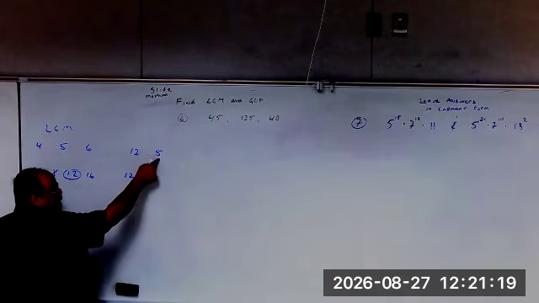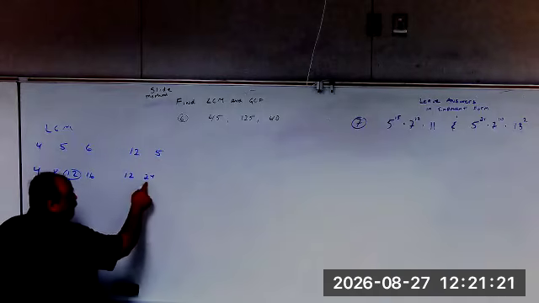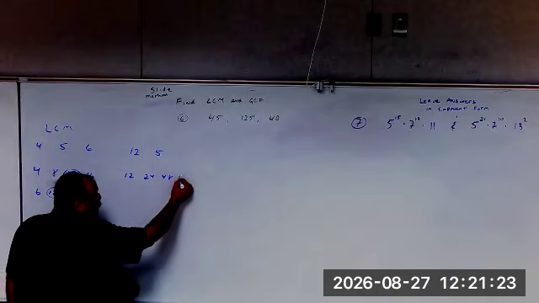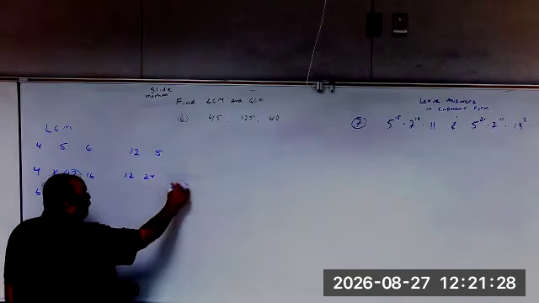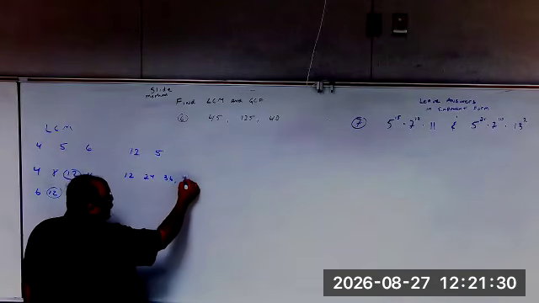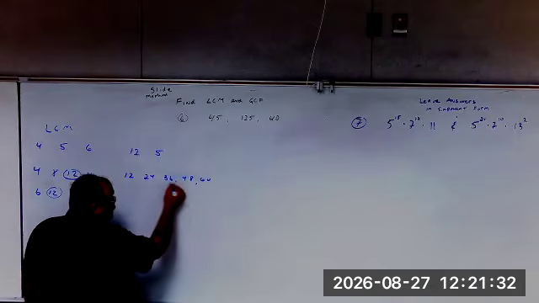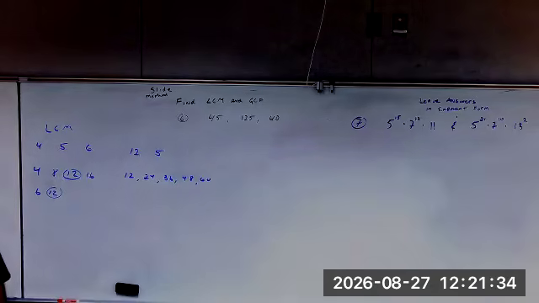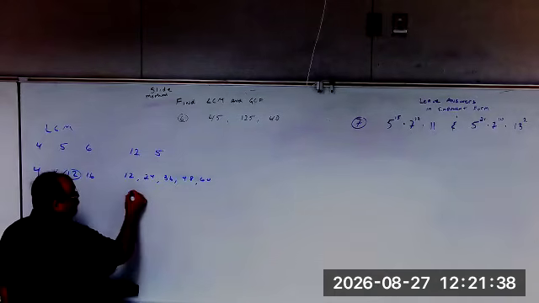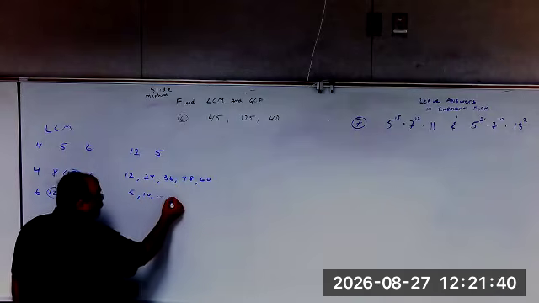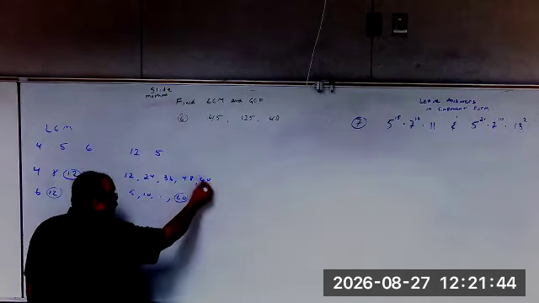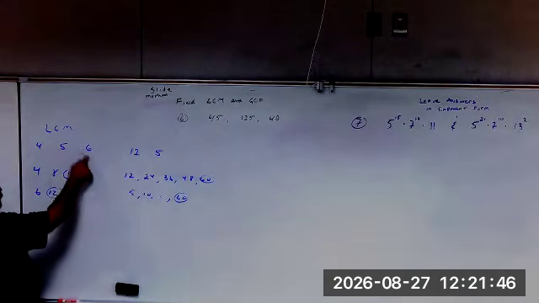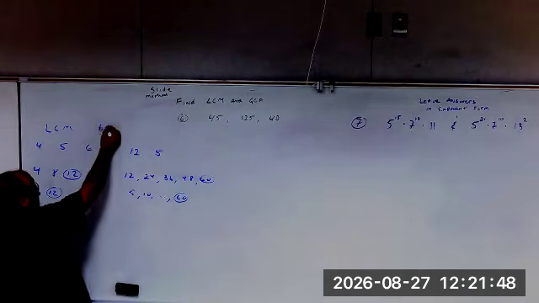If it's going to be a 5, it has to end in a 5 or a 0. So the first number that 5 is going to be able to divide into is 60. That's the only one that ends in a 0. So the least common multiple for these three numbers is 60.